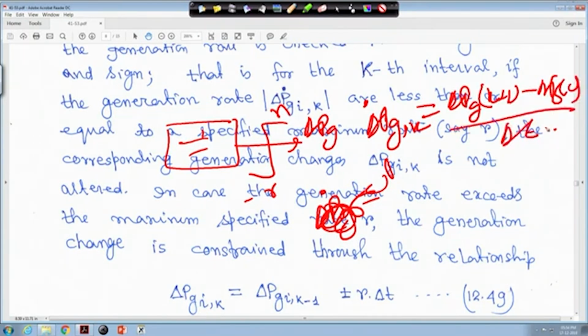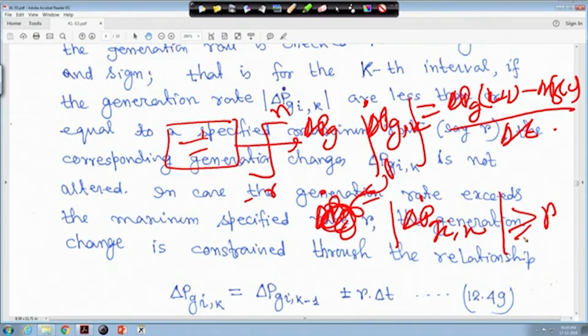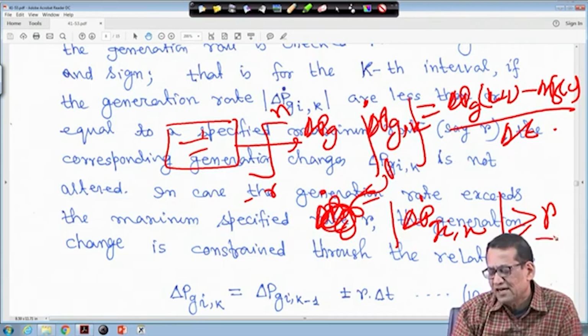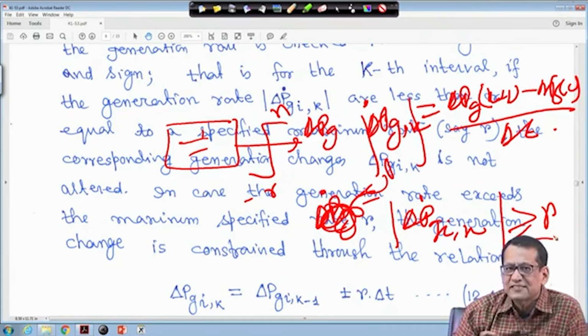This you first make, then you check the absolute value of this, whether it is greater than r or not. So, we are not checking plus or minus, increase or decrease, first we check whether it is greater than r or not. If it is less than r, then no need to consider this, so it is not violating the constraint.